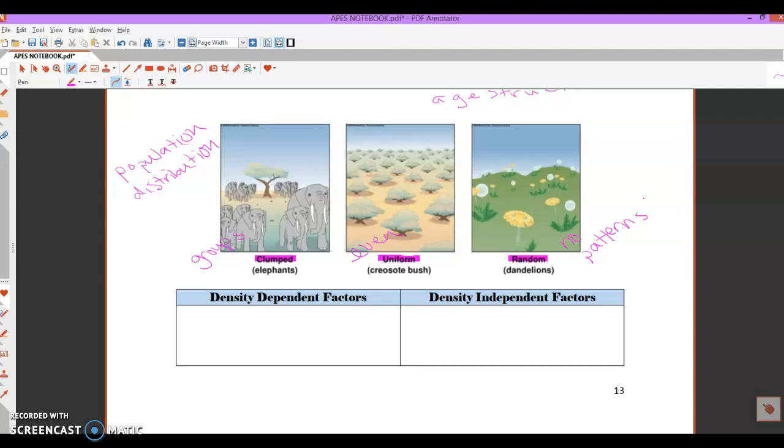Okay. Now, we have what are also called density dependent and density independent factors. So these are aspects that can also impact the population size. Okay? So both of these influence population size.